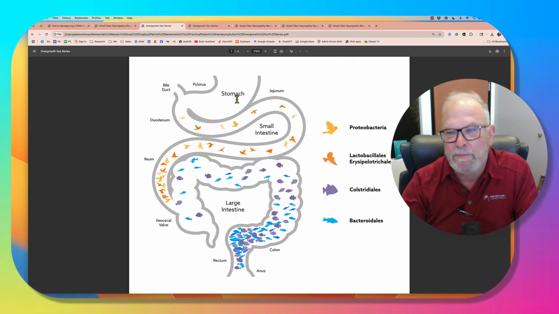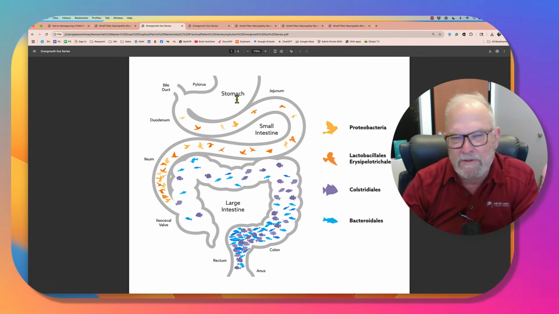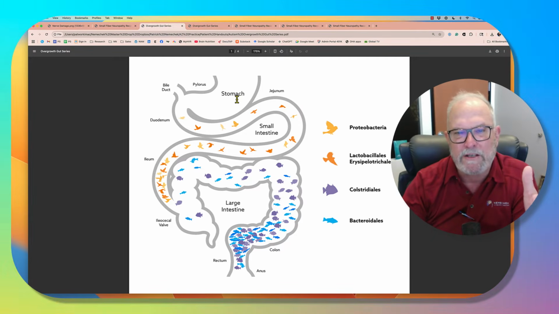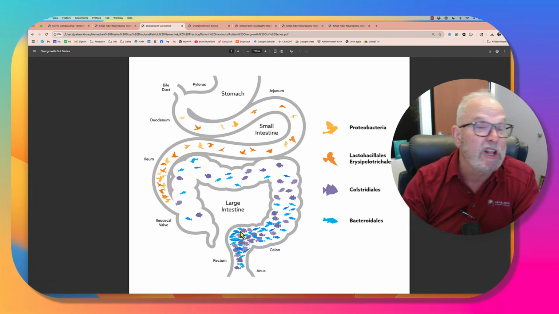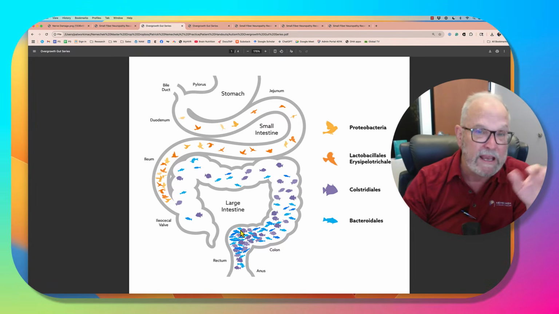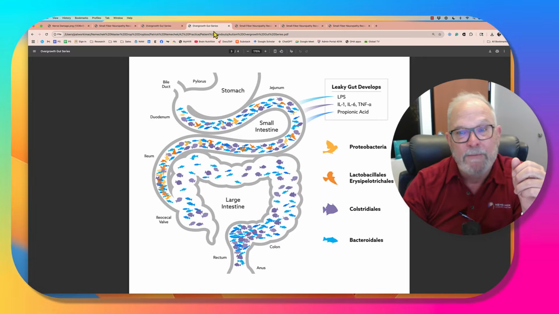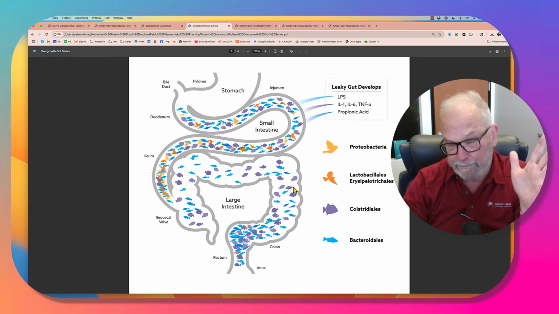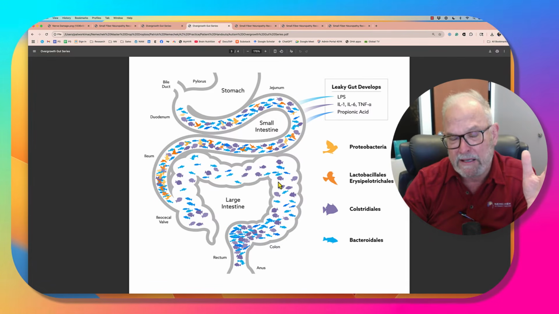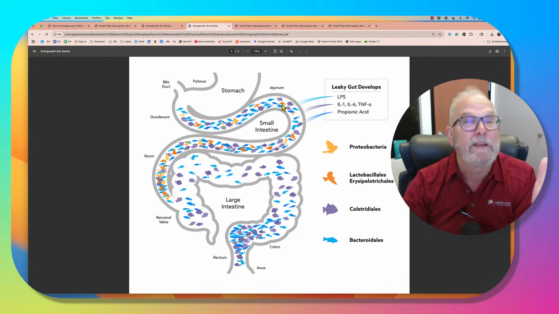Now this is a picture, in a very simple form, showing the balance of bacteria. These forms of bacteria live in the small intestine. These, represented by fish, live in the large intestine. So this is roughly how we're laid out. And SIBO is where you have fish bacteria, so to speak, living in the wrong place.